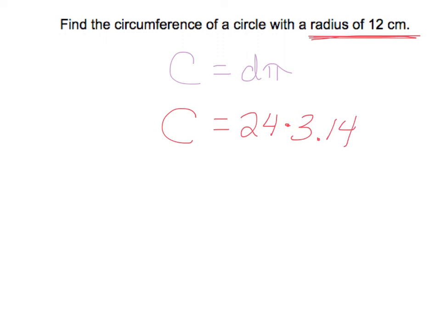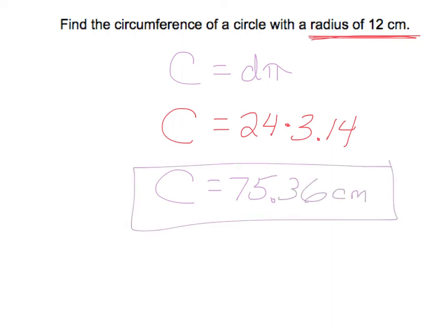So now it's just the diameter times pi. So that would come out to be circumference equals 75.36 centimeters. And remember, circumference is nothing more than the perimeter, so it's just centimeters. There's no number 2 or number 3 next to it. It's not cubic, it's not squared.